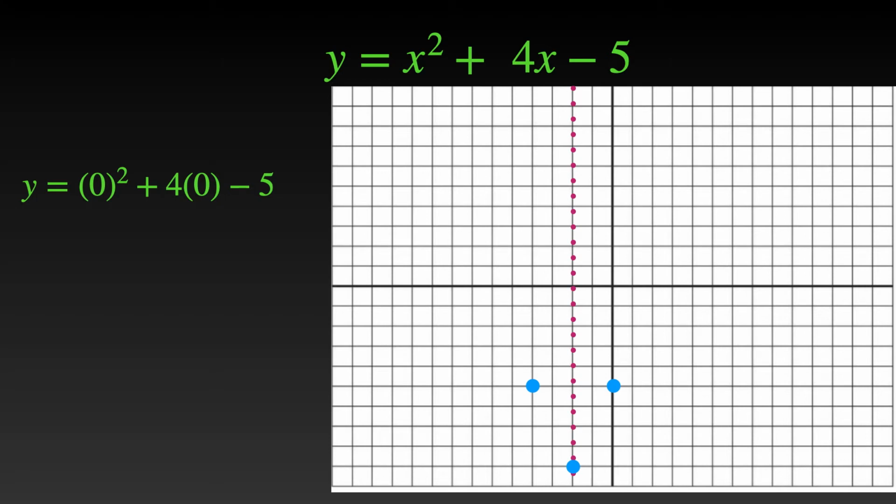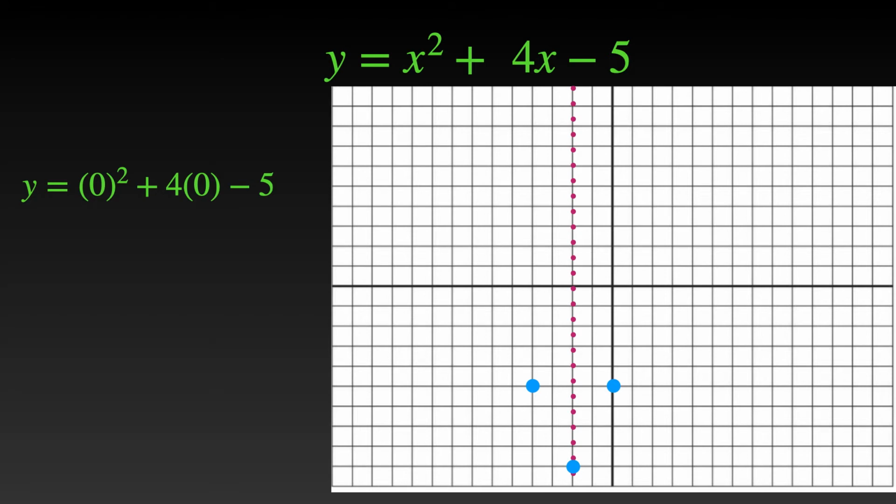Oh, wait a minute. I'm looking at this, and I just remembered that that's the axis of symmetry. So if I folded that axis in half, my point that I had here, (0, -5), is going to land on the other side of the axis of symmetry, the same distance away, 2 spaces away.